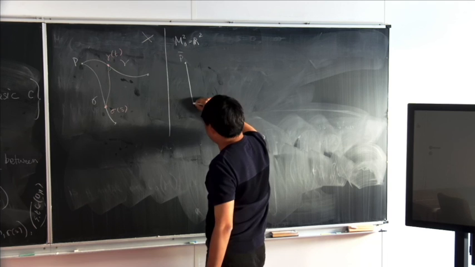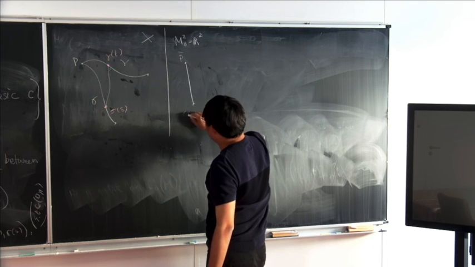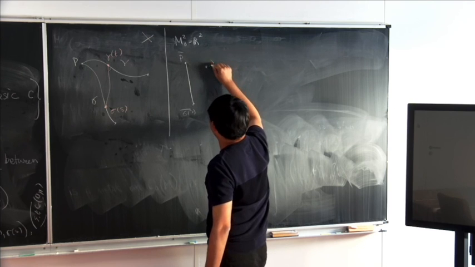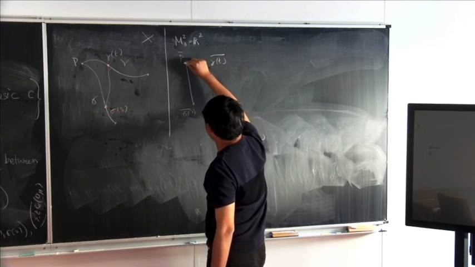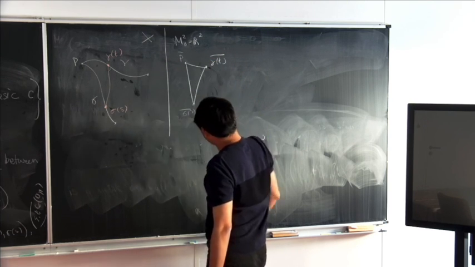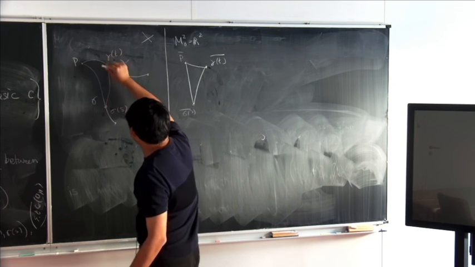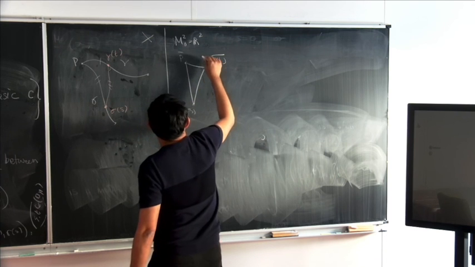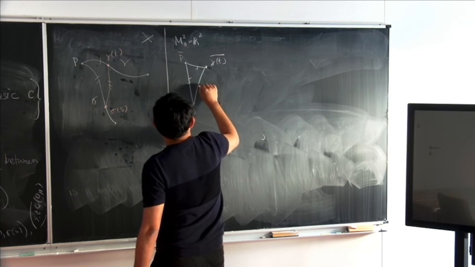So P bar is here. This is sigma S bar. This is gamma T bar. And you have the similarity between the two triangles.